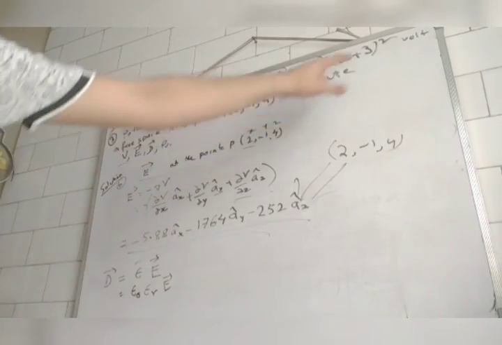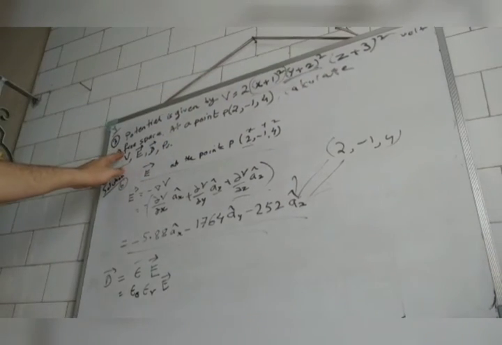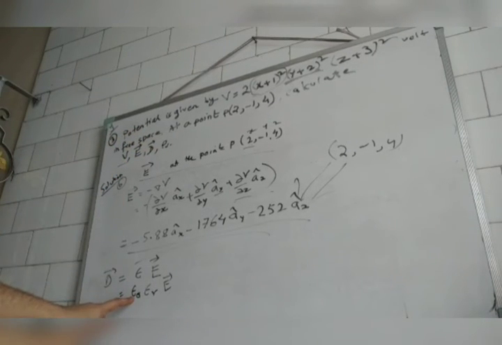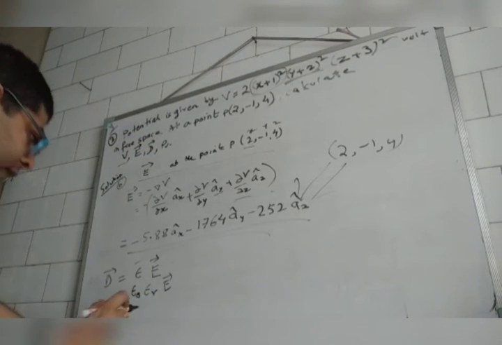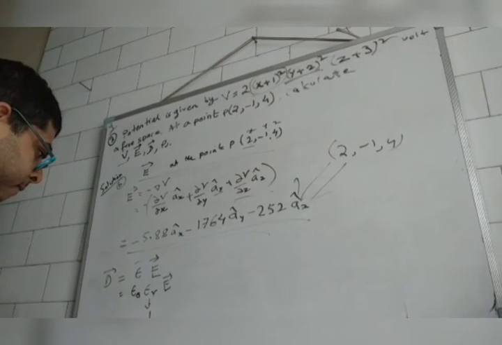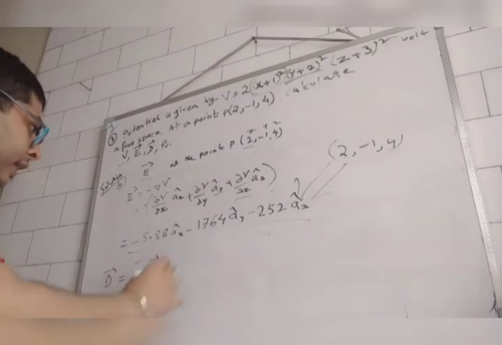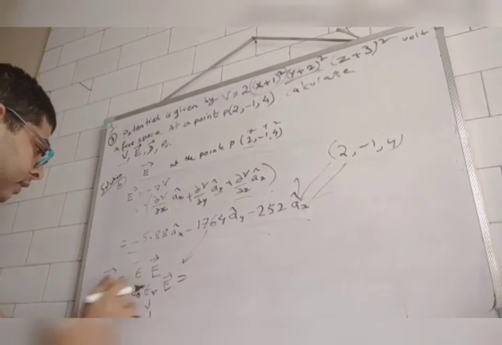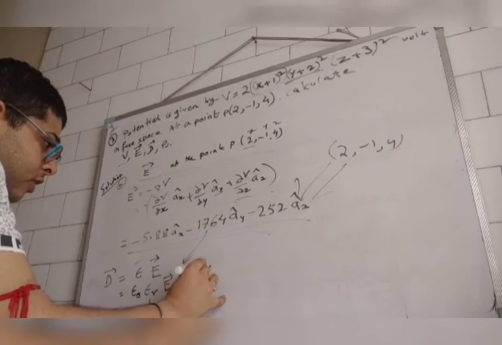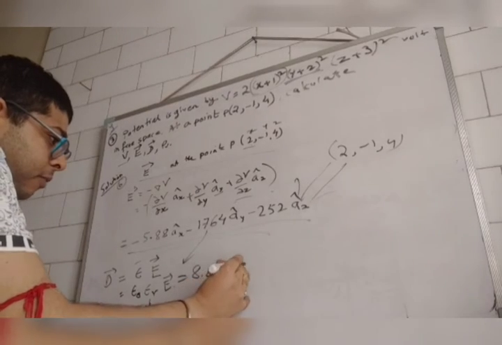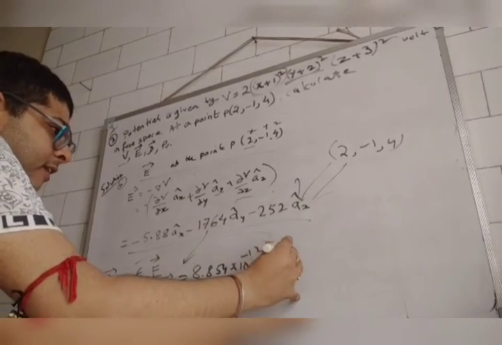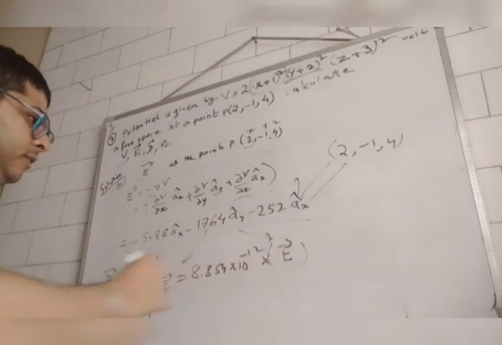But here, it is mentioned that it is for free space. That means for free space, we will be having only this much. That means this relative permittivity will be 1. And we have E, you have already calculated this. So if you now multiply, epsilon now will be 8.854 times 10 to the power minus 12 multiplied by this E vector.